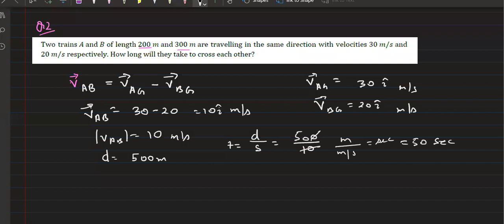Okay, everyone? Easy? Are you getting the hang of this? Yes, because we will add now, right? If trains have to cross each other, then the total distance covered should be the sum of both, right?